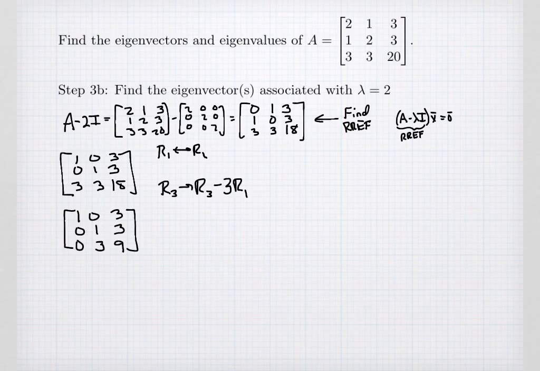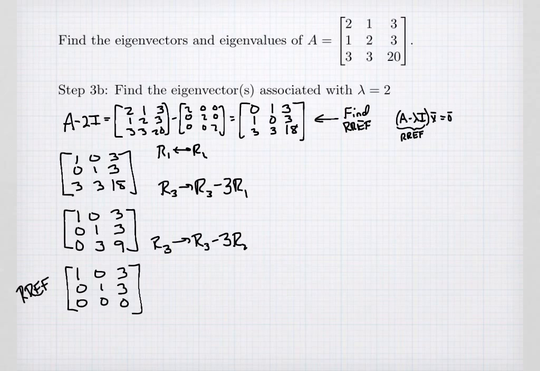Now I'm going to replace row 3 by subtracting 3 row 2, and that actually eliminates that row. So 1, 0, 3, 0, 1, 3, 0, 0, 0. And I'm done. This is my reduced row echelon form.